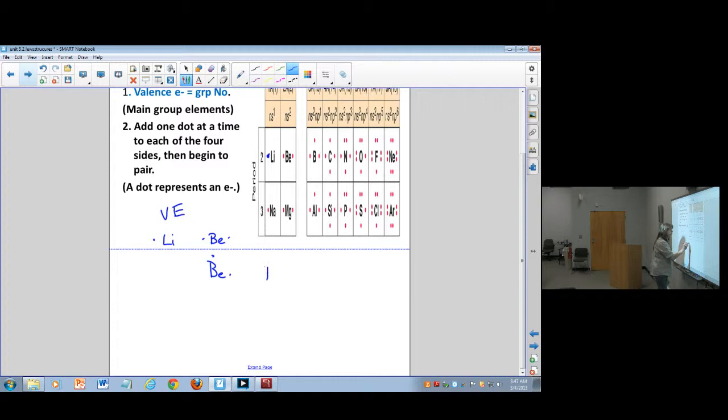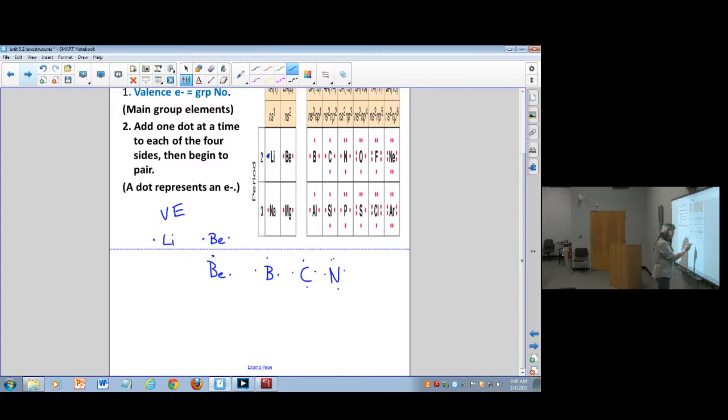Boron has 3 valence electrons, and so we'll put 3 valence electrons here. Carbon has 4 valence electrons, so you'll put a dot on each side. When you get to nitrogen, now you begin to have paired electrons. And so you'll go all the way around, put 1 on each side, and then you'll add another one.